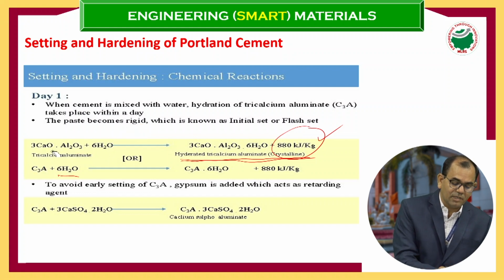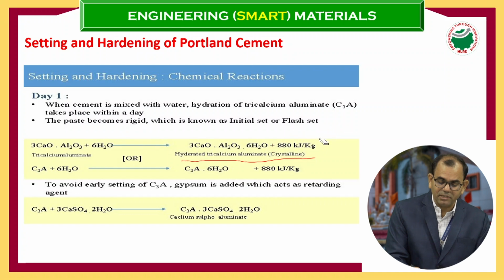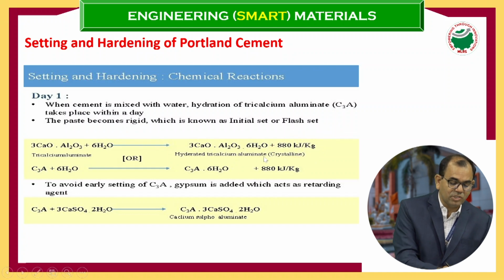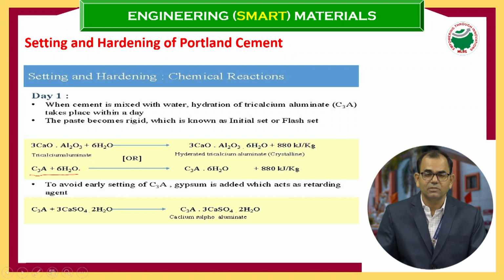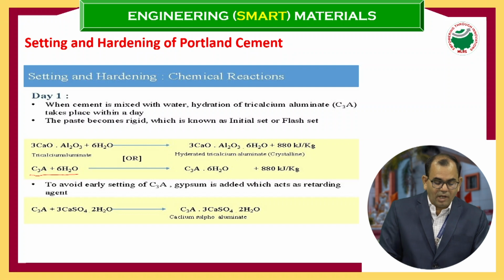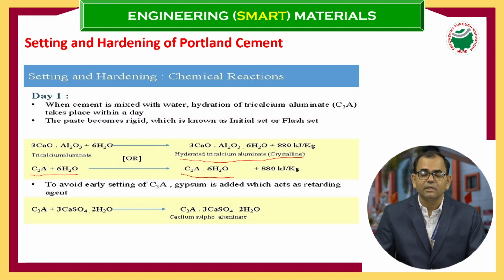If someone is not able to remember these formulas, 3CaO Al2O3 plus 6H2O, they can simply write C3A plus H2O. That's also considerable. And this is C3A combined with 6 water molecules, forming hydrated tricalcium aluminate concrete or crystalline material.